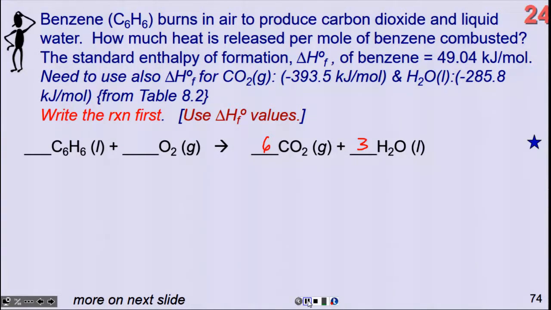But then we have to figure out how many oxygens there. Oxygen over on the left side, we have 12 plus 3 is 15. And that means in order to do that with oxygen as O2, you would end up with a funny coefficient. So perhaps a more preferred set of coefficients would be to use a whole number set, in which case we'll double everything. So we would use 2, 7, 12, and 6 in our balanced equation. All right, continue.